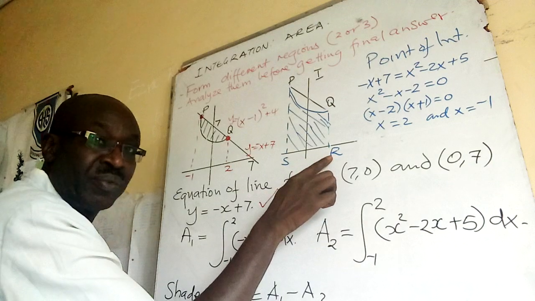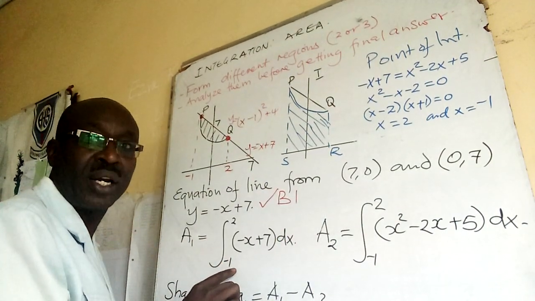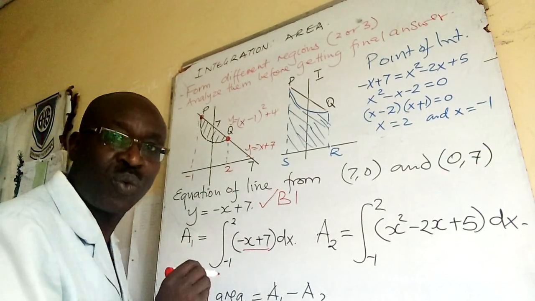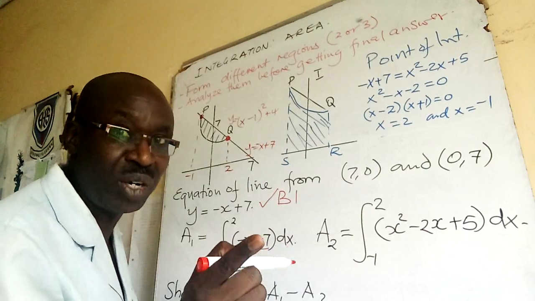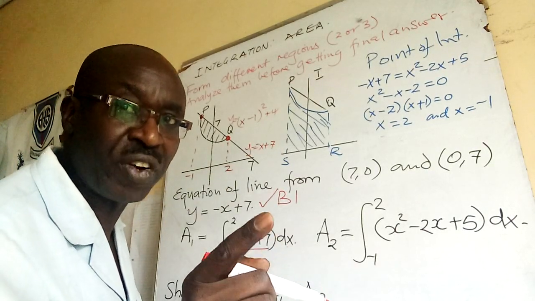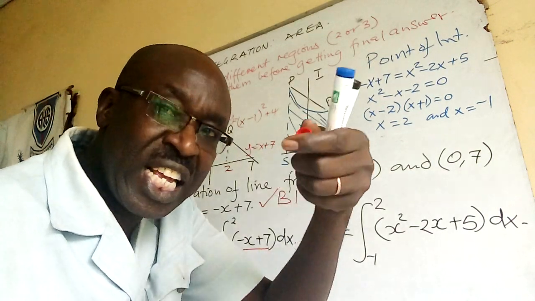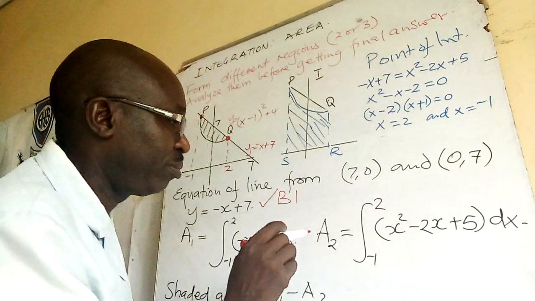The ordinates, the point R is 2, the point S is -1. And you see, this is the equation of the line. We integrate it with respect to x. Meaning what? Only the powers of x are affected. The process is carried out on letter x, period.